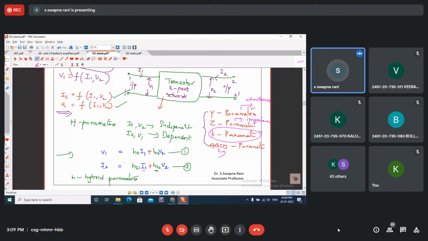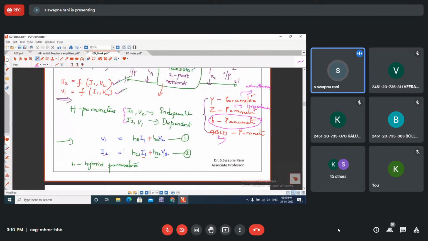This can be achieved only with H parameters. That is why H parameters are chosen. The second reason is that the dependent and independent variables taken in the transistor are the same as those taken in the H parameter model.